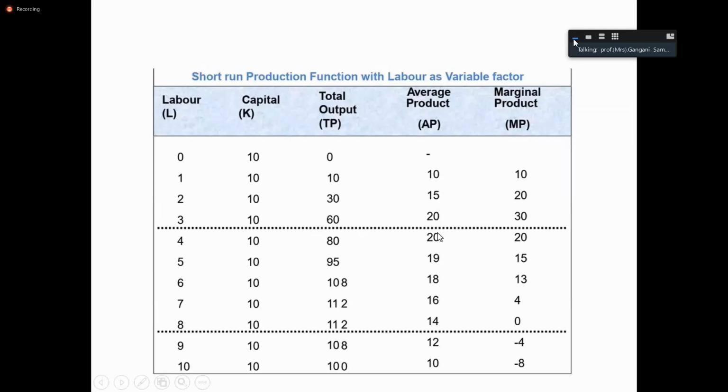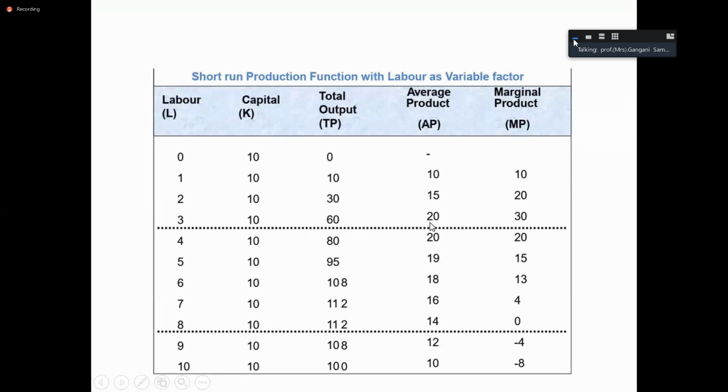First see the average products. Okay. 10 is okay to you all. Total product divided by number of units. 10 divided by 1. Then here total product is 30 divided by 2 labor units. 15. Then 60 total output divided by 3. 20.